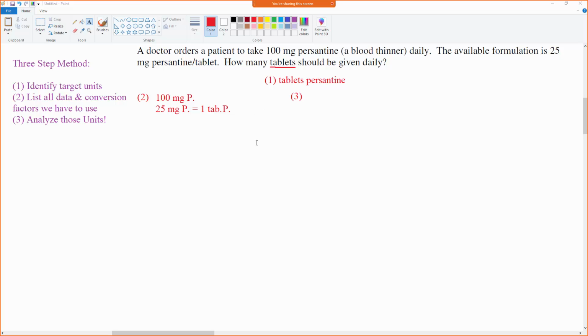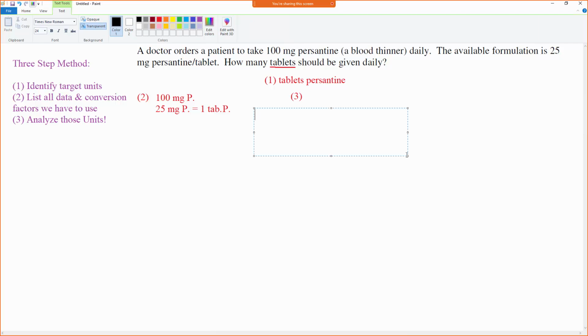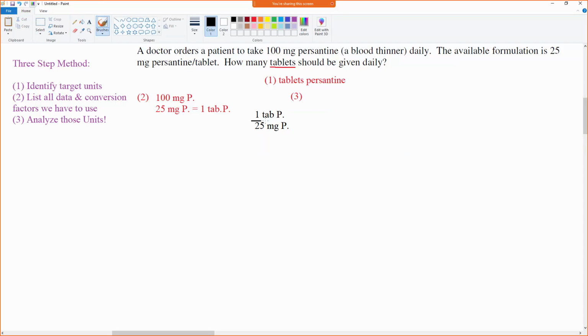Where shall we start? Do you care? Danielle says 1 tablet, because she wants to go backwards and just start with what we need at the end so she can be sure it's on top, right? 1 tablet per 25 milligrams. All right, and we can check that off, we used that, wouldn't want to use that again.